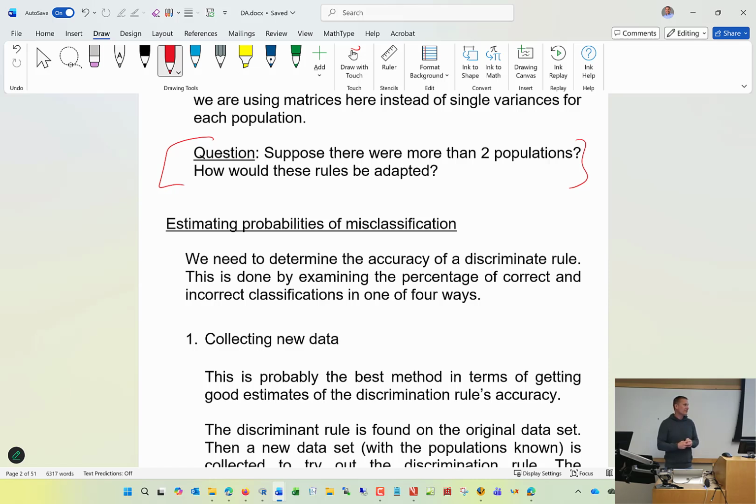Calculate 3 distances. The distance that's the smallest corresponds to where you're going to predict that observation into. What happens to posterior probabilities? Well, if you have 3 populations, you're going to have 3 posterior probabilities. You predict that observation to go into the population that has the largest probability. That's it.